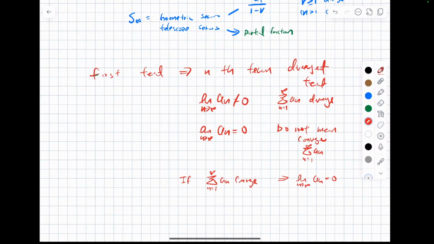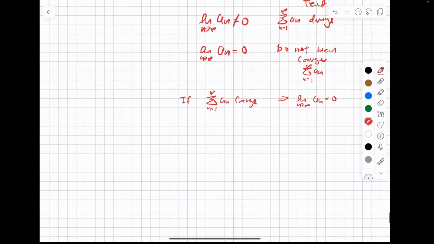The third thing that we're going to learn is the integral test. The conditions are CPD: continuous, positive, and decreasing, right? How do we prove decreasing? Two different ways. If anything is done like this, then you can do an integral.